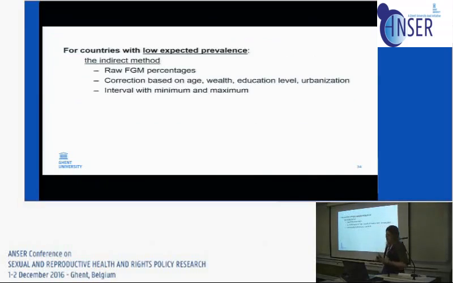And if you really want to have exact numbers for countries where we expect there to be a low prevalence, we would suggest to use an indirect method, but to apply some corrections, such as on age, wealth, and so on, and to use, as the French propose, a minimum and a maximum interval of prevalence.